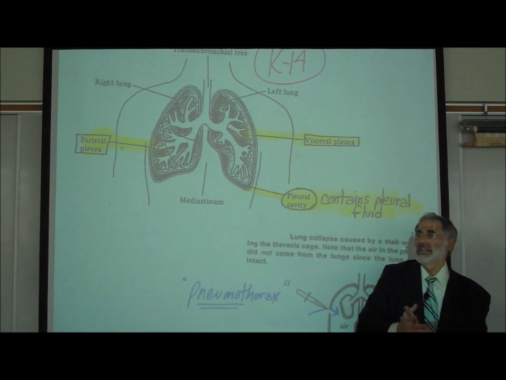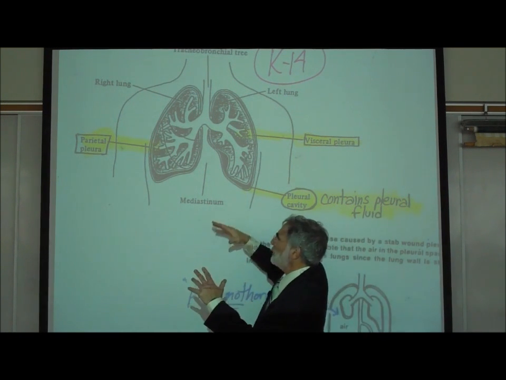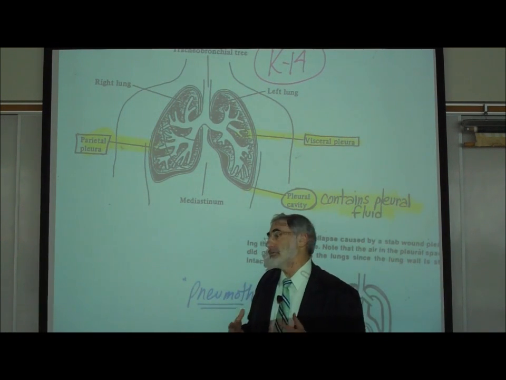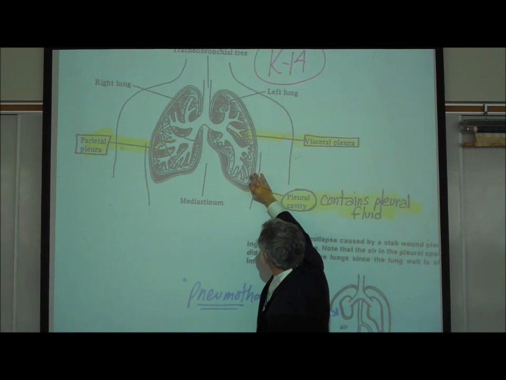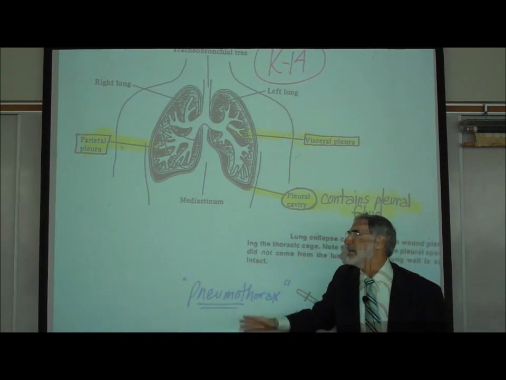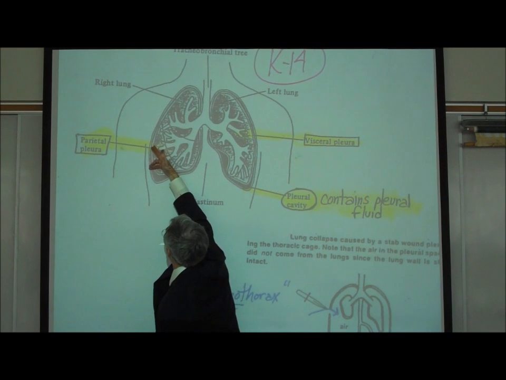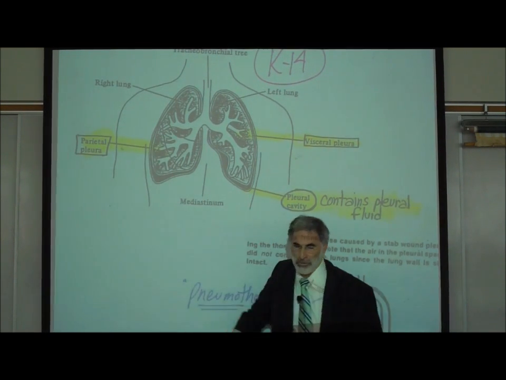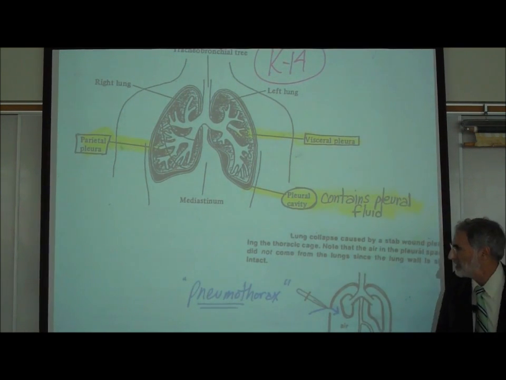Now, it's very important that in order for your lungs to stay inflated with air, there only be this layer of pleural fluid between the outer parietal pleural membrane and the visceral pleural membrane covering the surface of the lungs.